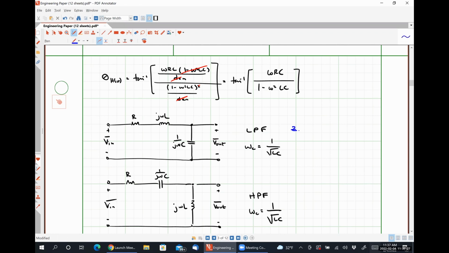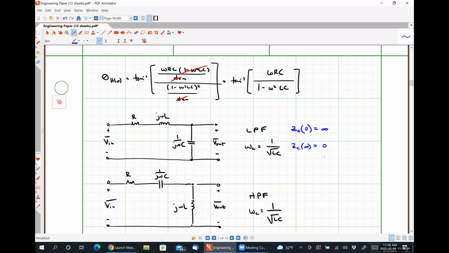So the impedance of a capacitor at very low frequencies is infinitely large, right? Yes, sir. And the impedance of a capacitor at very high frequencies is 0. So if we're taking the voltage drop over a short circuit, what's that voltage going to be? It's just 0. Exactly right.